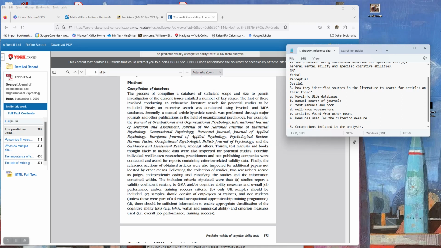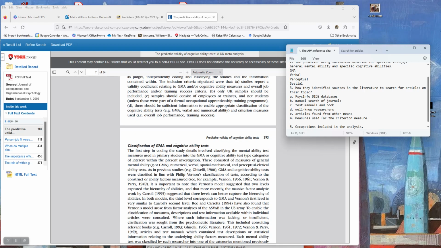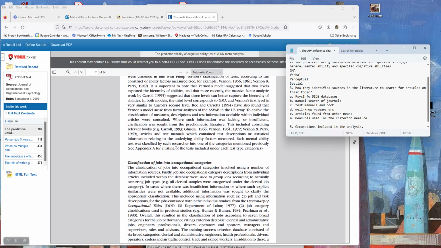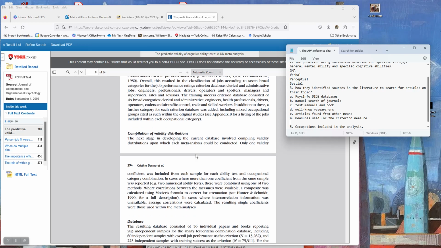Measure used for the criterion measure. This should be job performance. So let's see if we can find that classification of jobs, compilation of validity distributions. The next stage, validity distribution.